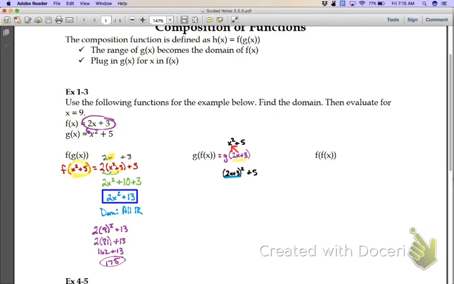Now, I need to square 2x plus 3. This is still an issue because I'm still seeing just 2x squared. If you can't do the shortcut and you need to do 2x plus 3 times 2x plus 3, do that, please. A lot of you, what I'm seeing is 4x squared plus 9 when it should be 4x squared plus 12x plus 9.